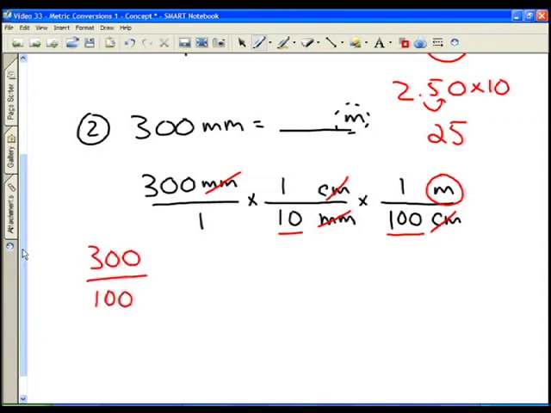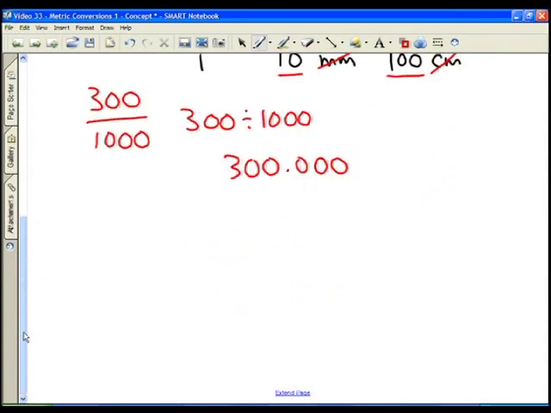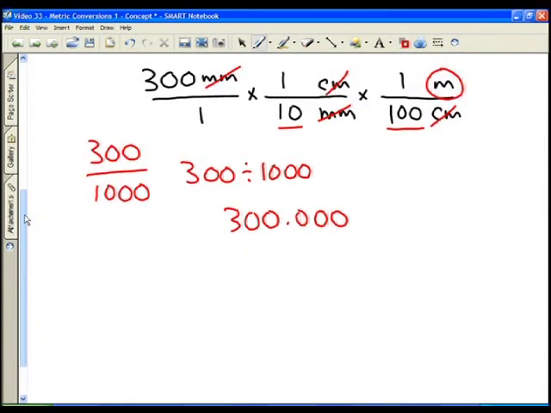300 divided by 1,000. And if I'm going to divide by 1,000, 300 divided by 1,000 really means I'm going to move the decimal point, and there is no decimal point now, so I'll put one in there. I can represent 300 this way, and I know I'm dividing. So if I'm dividing, I know that I'm moving the decimal point to the left, and I'm going to move it 3 decimal places to the left.